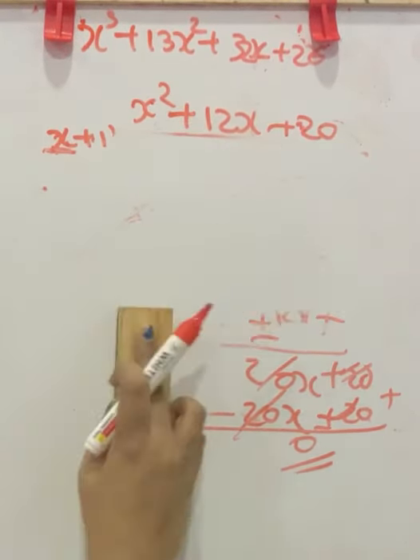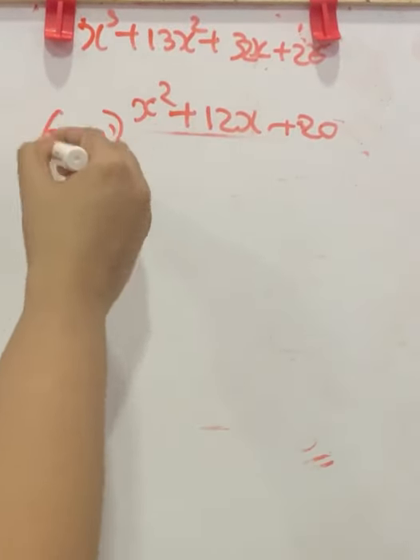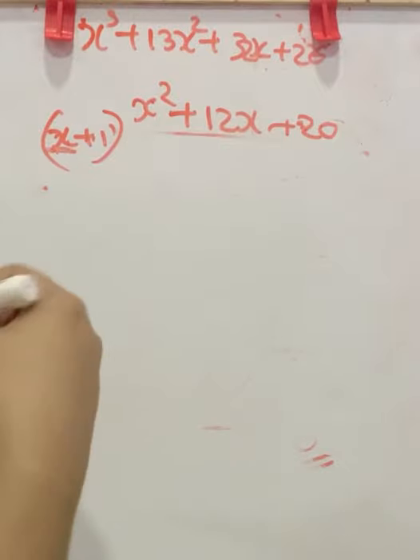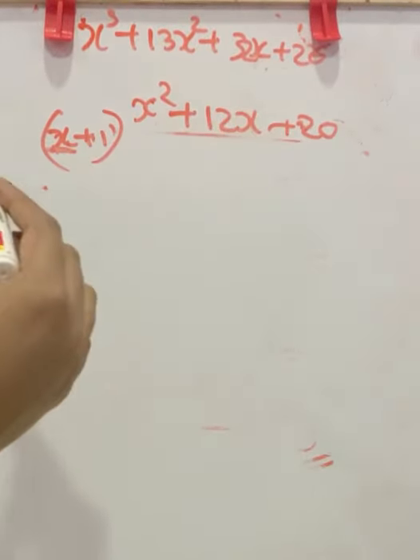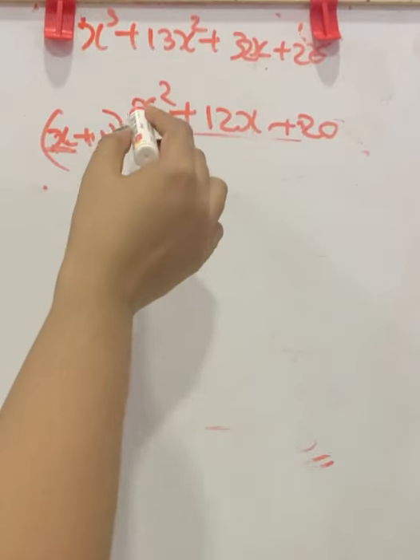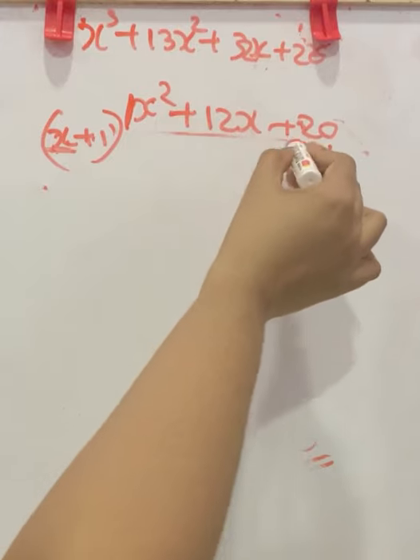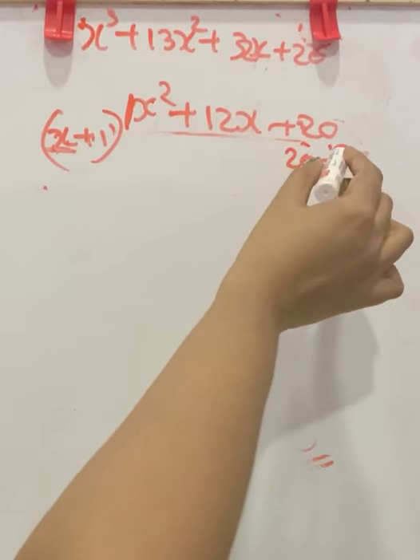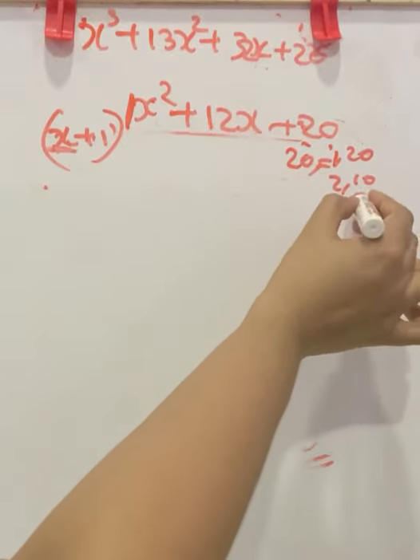Now we have a new quadratic polynomial here. That is, x plus 1 was one factor. Now to find the other two factors, we have to factorize this quadratic with the middle term splitting method. That is, we want to find a into c. A is 1 here, c is 20. 1 into 20 is 20. Factors of 20 are 1, 20, 2, 10, 4, 5.